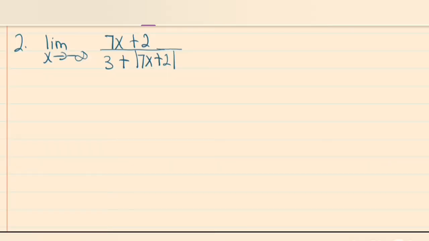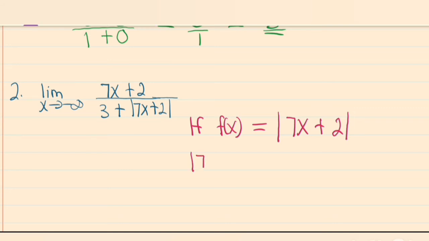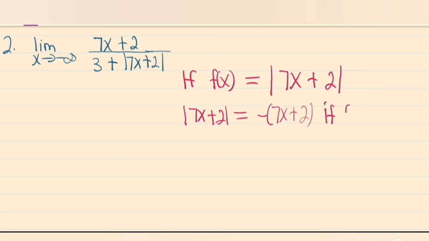Find the limit as x approaches minus infinity of 7x plus 2 all over 3 plus the absolute value of 7x plus 2. If f of x is equal to the absolute value of 7x plus 2, we have the absolute value of 7x plus 2 will be equal to minus 7x plus 2 if 7x plus 2 is less than 0.